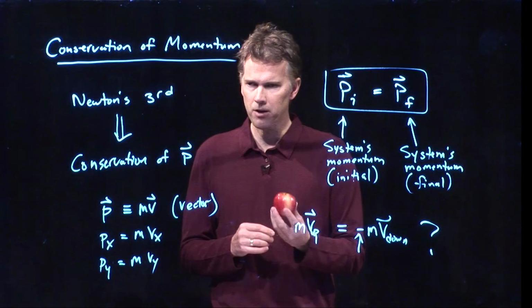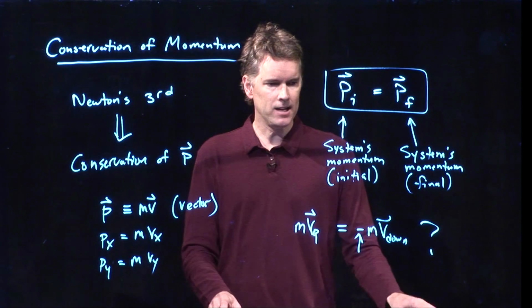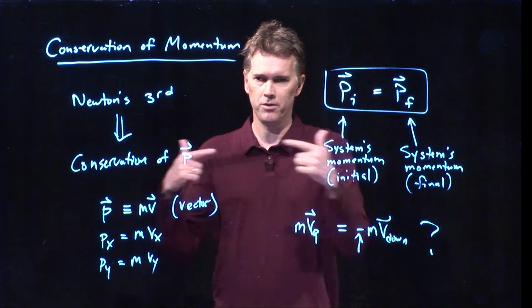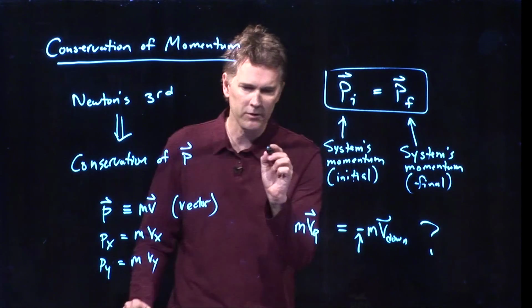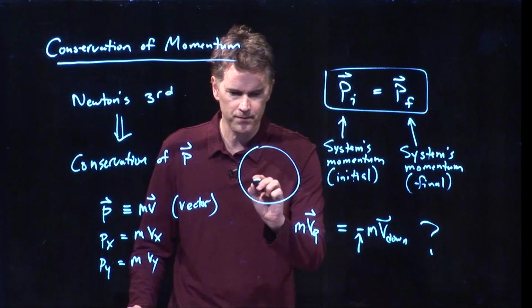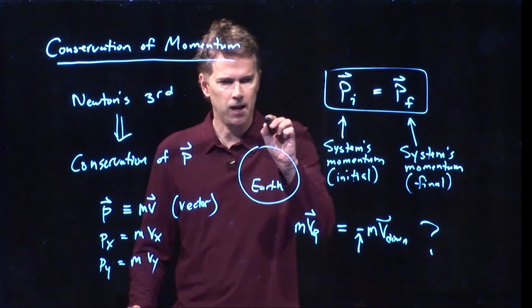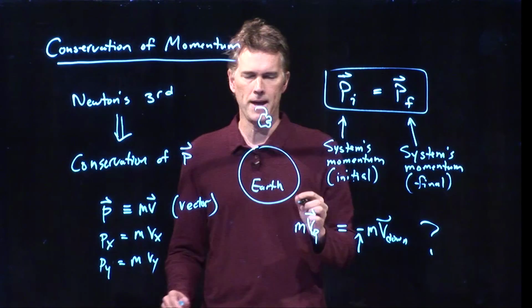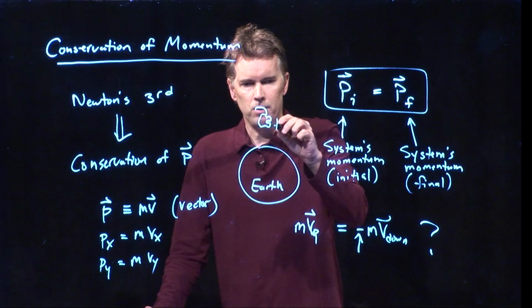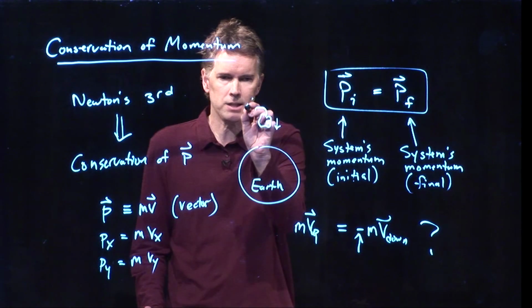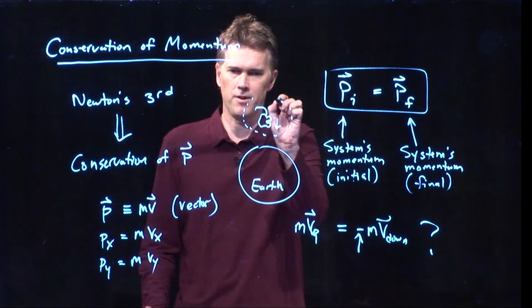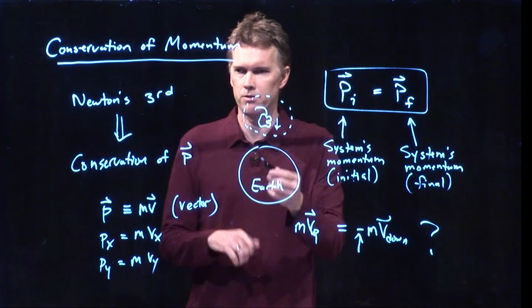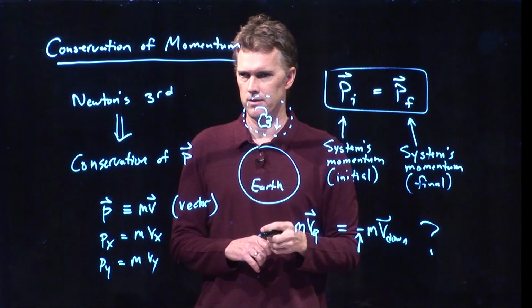All right, so that's kind of weird to think about, right? But the idea is you have to identify the system, and you can't have any forces that are crossing across your dashed line. So let's draw the picture. Here's the Earth. And here's the apple. The apple is falling. If I draw a dashed line around this to identify the apple as my system, are there any force lines that are crossing across that dashed line?